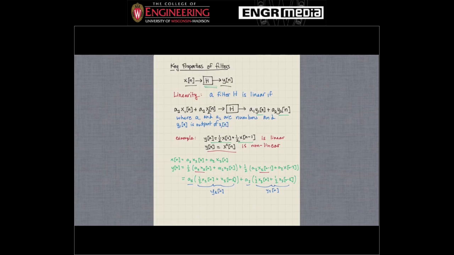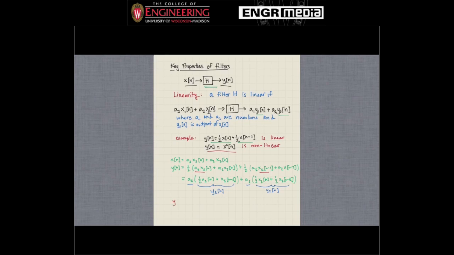What's an easy way to see that? So to show that something's not linear, we could just pick a couple particular signals, and show that it doesn't satisfy the properties of linearity. So let's just pick two really easy signals.